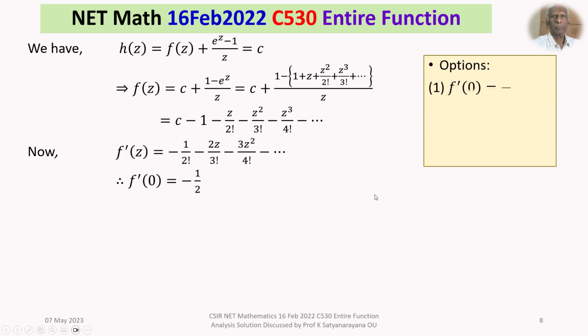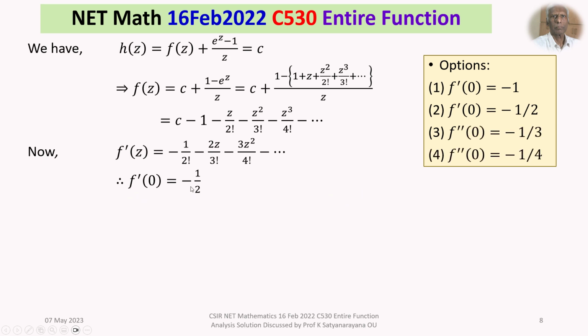Let's look at our options. Our answer f prime 0 equals minus 1 by 2 appears against option 2. Therefore, option 2 is true, and in option 1 it is given f prime 0 equals minus 1, but it is not. Therefore, option 1 is not true.